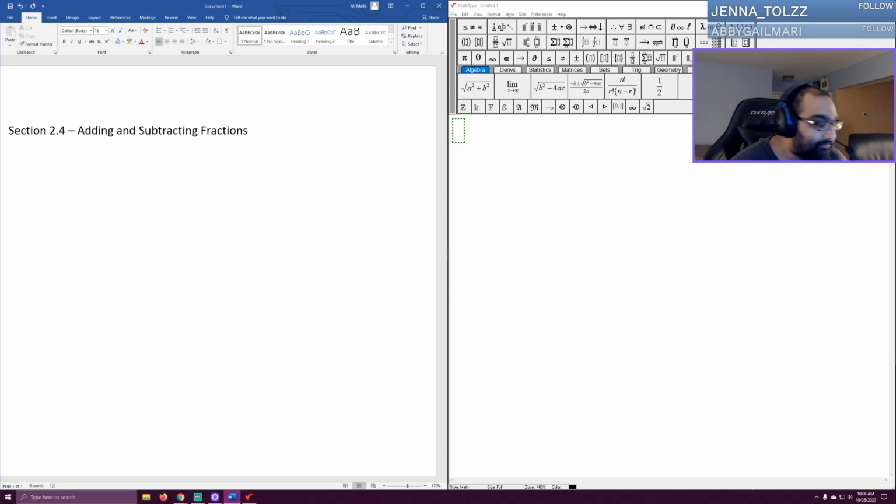Adding and subtracting fractions is what we'll focus on in this section. Now let's discuss how to add and subtract fractions.